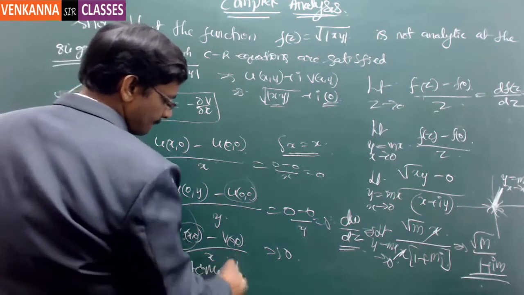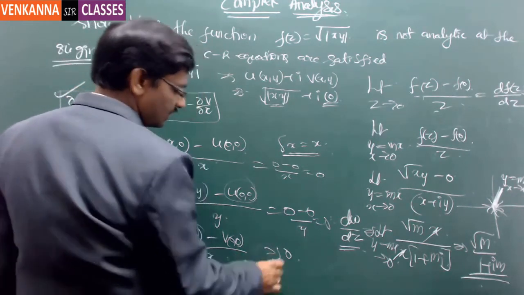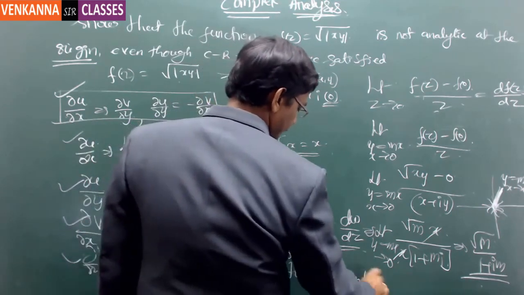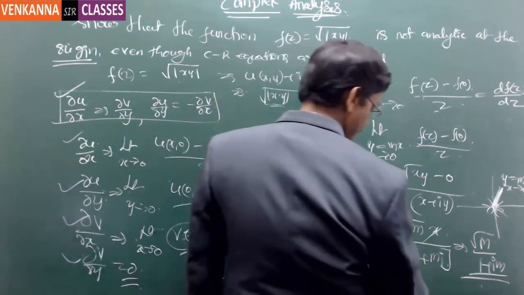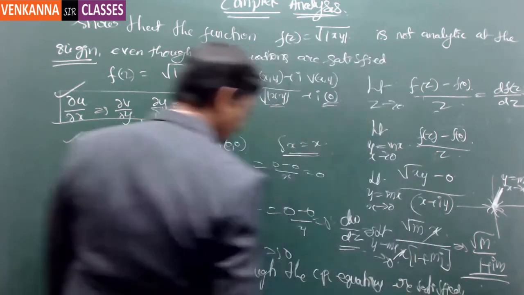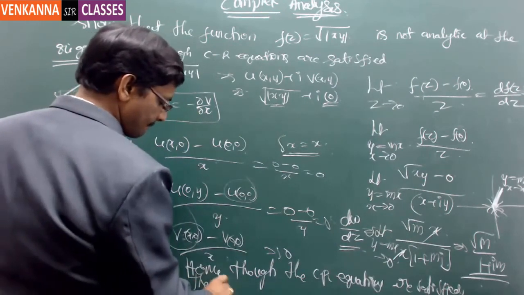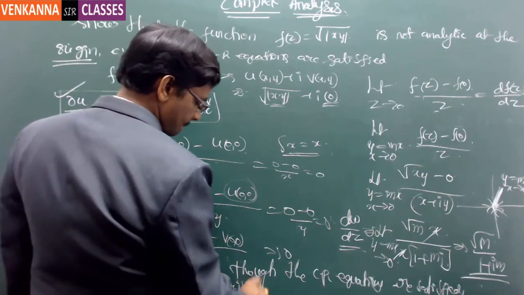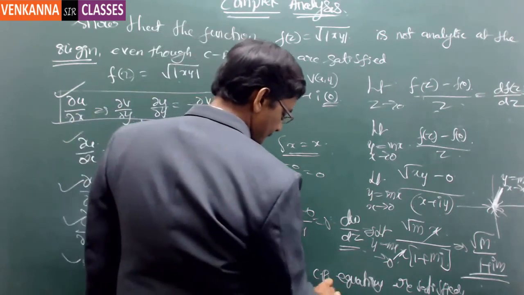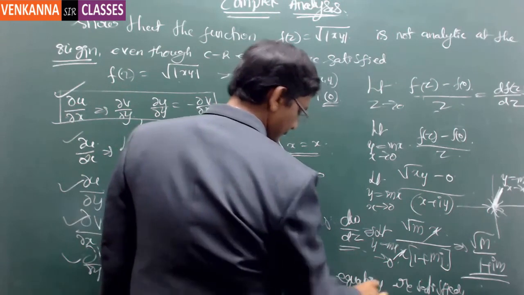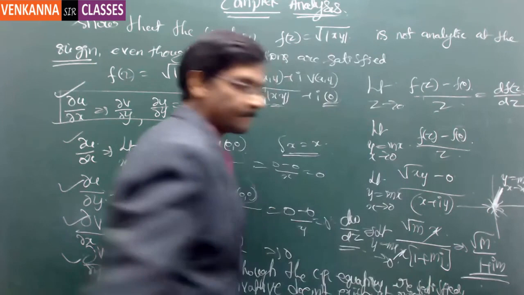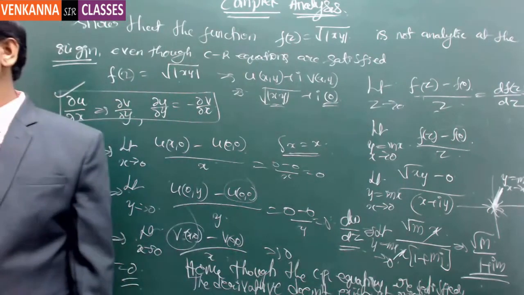Hence, though the CR equations are satisfied, the derivative doesn't exist at the origin. That means the origin is a singular point. Got it? So you can note down this.